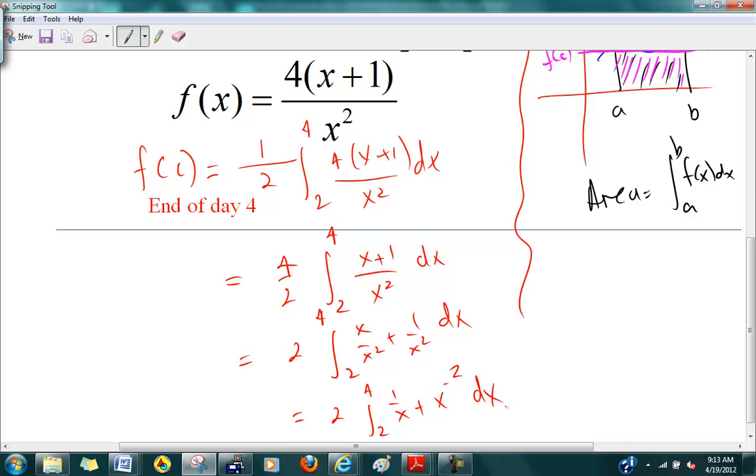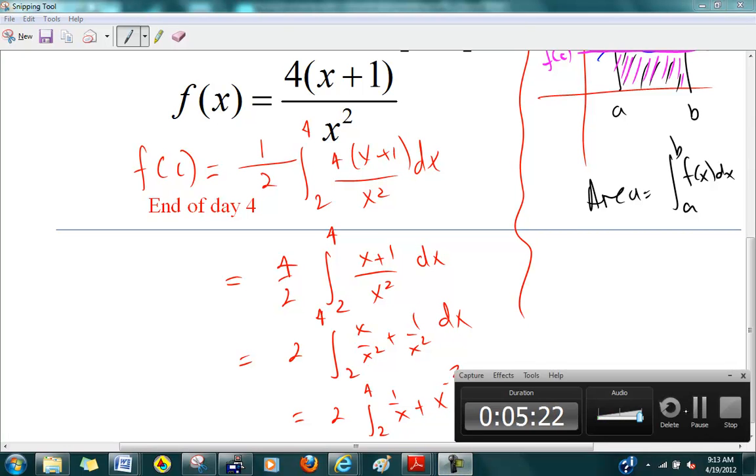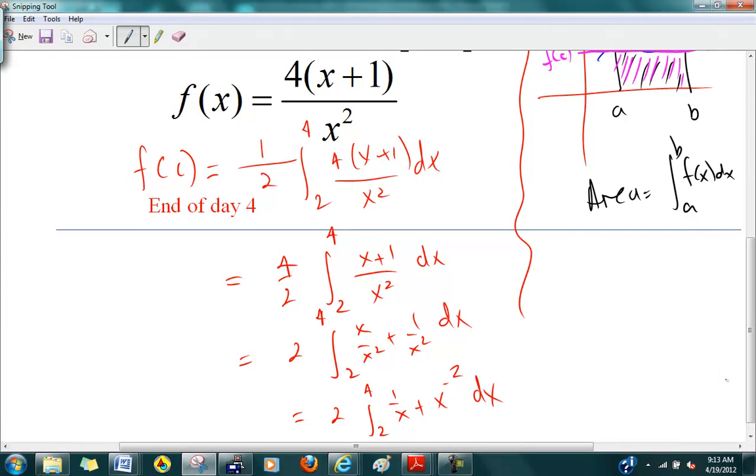You know all the rules how to do this now. So I'm going to pause here for a minute and let you check on this. Is that x to the negative 2? Yes. We're going to use the power rule there.